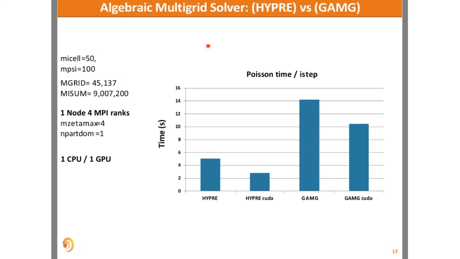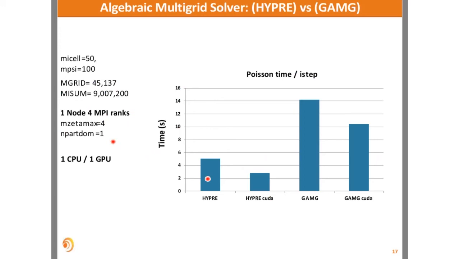As I said, this Poisson routine depends on an external library. In this case, we are comparing HYPRE and GAMG. HYPRE is provided by the HYPRE library, and GAMG is provided by the PETSc library. They both have CPU versions and GPU versions.